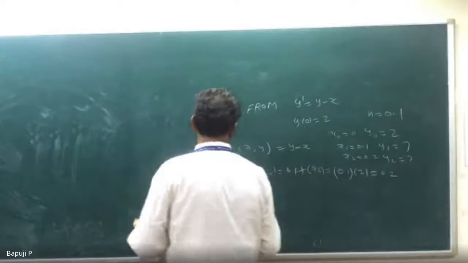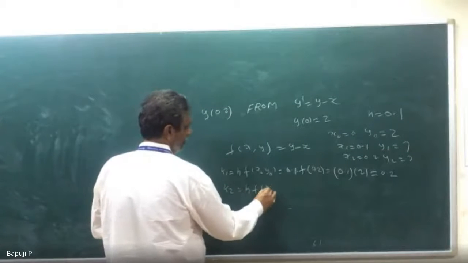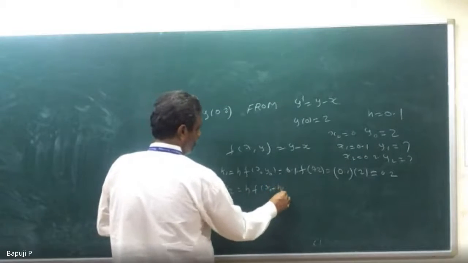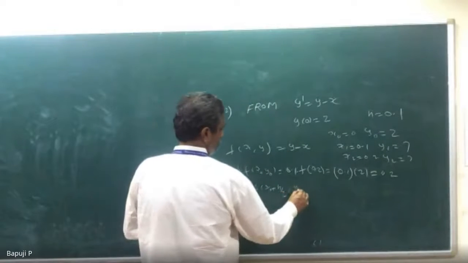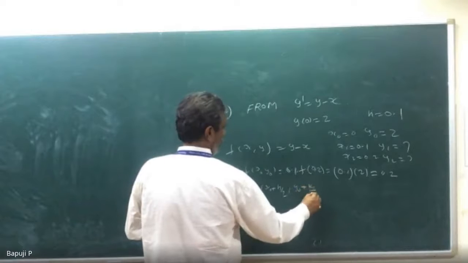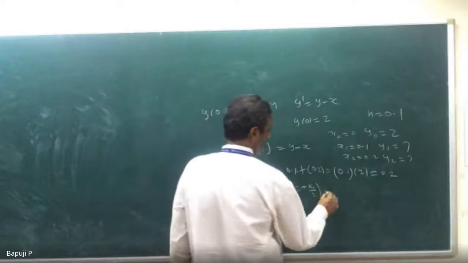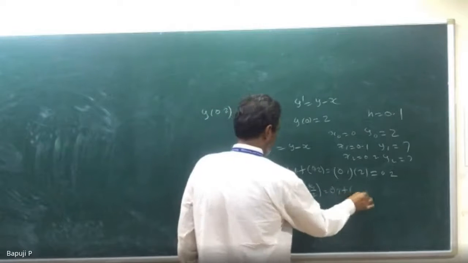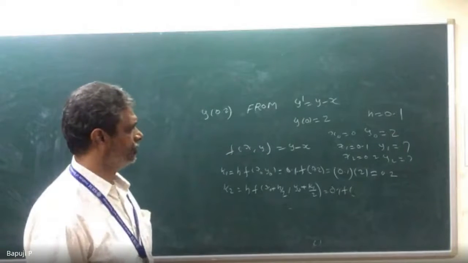Now K2 is what? H into f of x naught plus h by 2, comma, y naught plus k1 by 2. See the formula what they have given? Now this h is what? 0.1. F of x naught is what? 0.